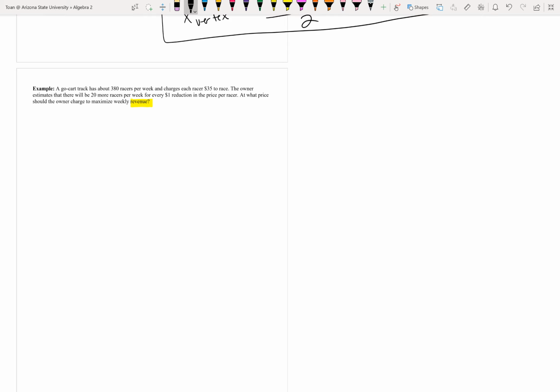So if you don't know what revenue is, here it is. The idea of revenue, at least in the context of these quadratic problems, is price times the number of customers or objects or items.